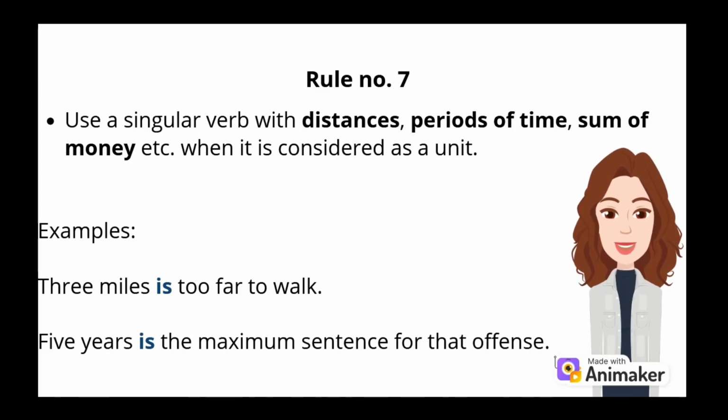Look at these examples. 3 miles is too far to walk. Here, miles is treated as a single distance. Another example is 5 years is the maximum sentence for that offense. In this sentence, years is considered as a single period of time.